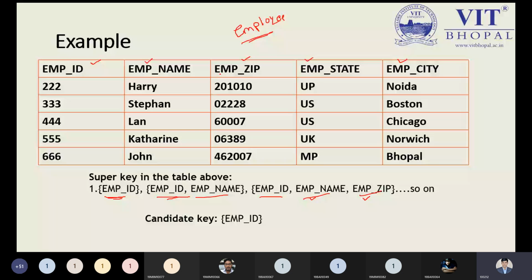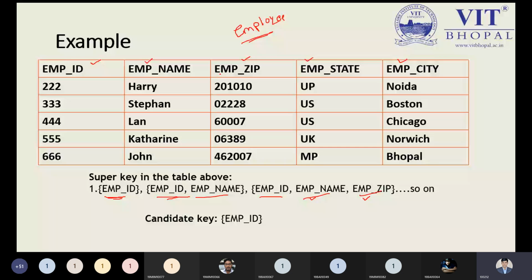So here in this case, we have two candidate keys: the employee ID and the employee email ID. So we can have two attributes by which we can differentiate. There is no issue. But there will be less chance of this.